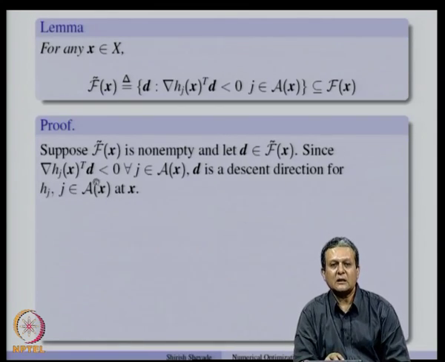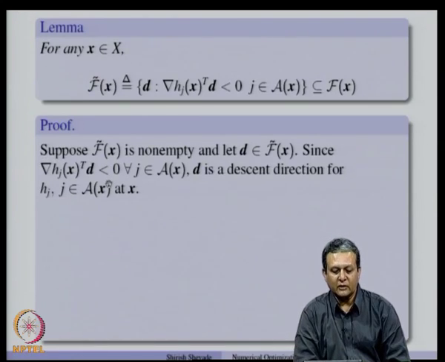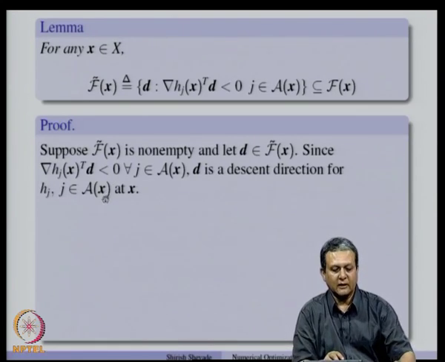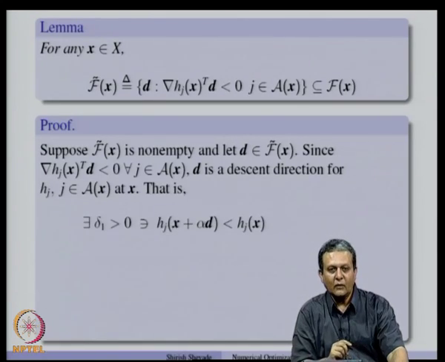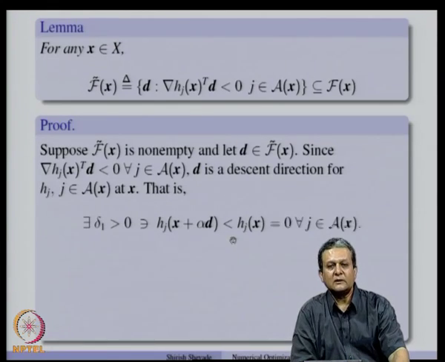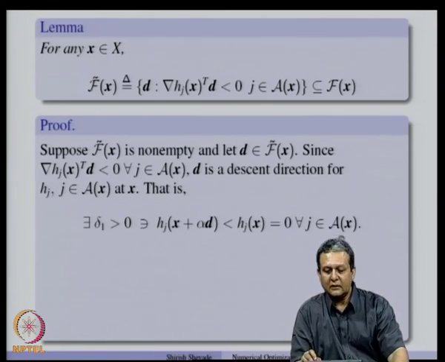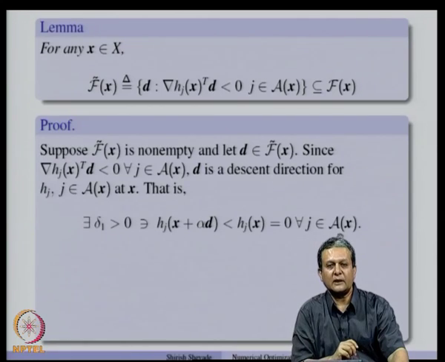We have seen this result when we talked about the objective function. So, a similar result holds here, that d is a descent direction for the function h j, or in other words, there exists some delta 1 greater than 0 such that h j of x plus alpha d is less than h j x for all j in the set of active constraints at x.